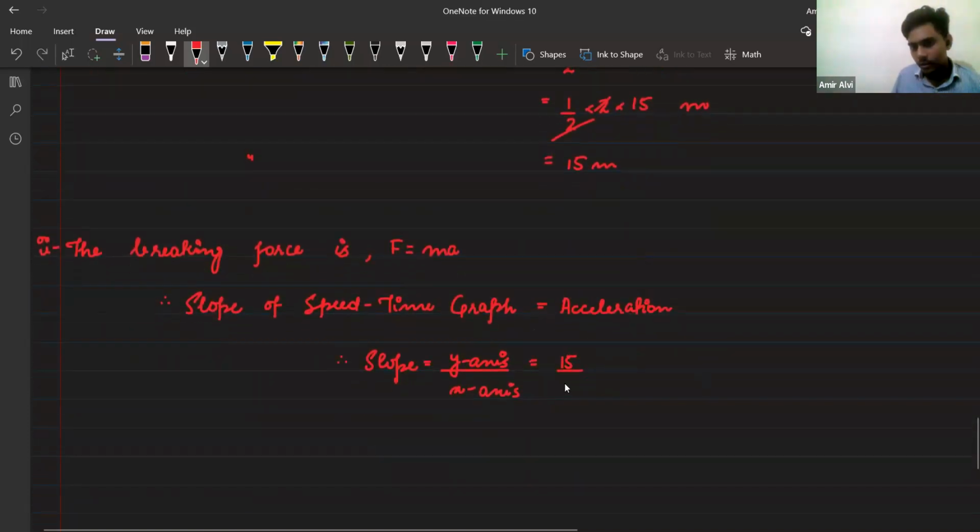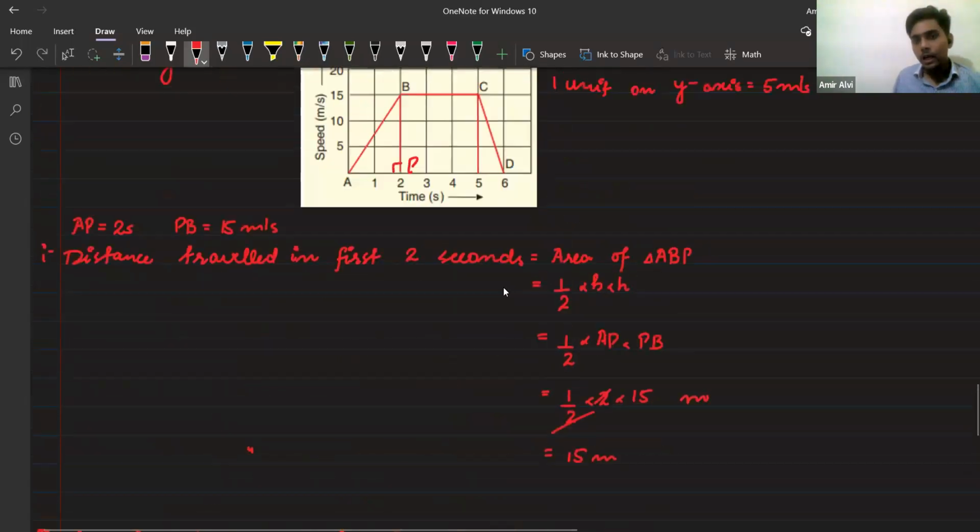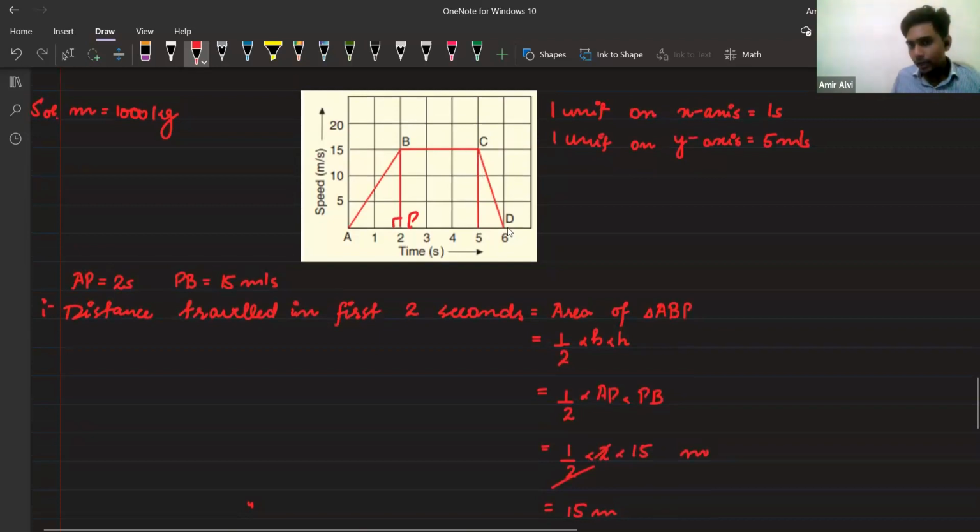Yes, sir. 6 minus 5. You can also write 15 here. Okay. So, just a second. 0 minus 15, because it is final minus initial. Here, at point D, this is the final point of the car. So at this point, the car has velocity 0.